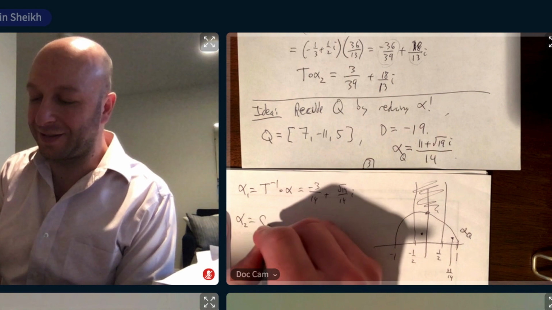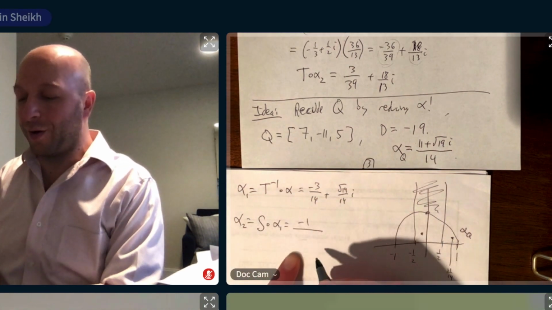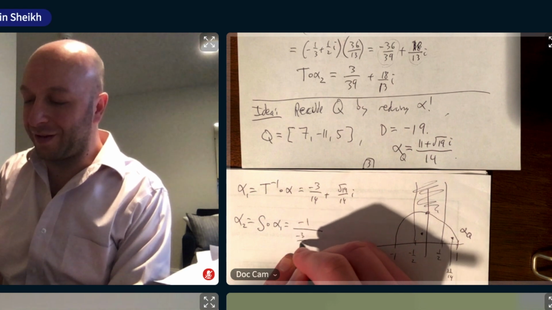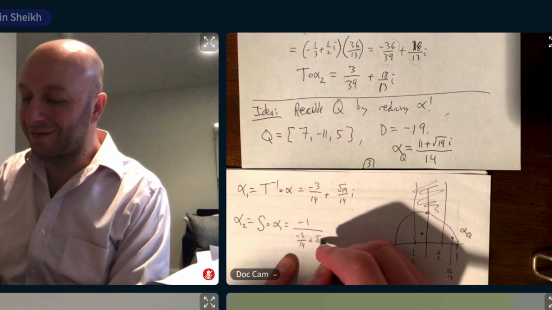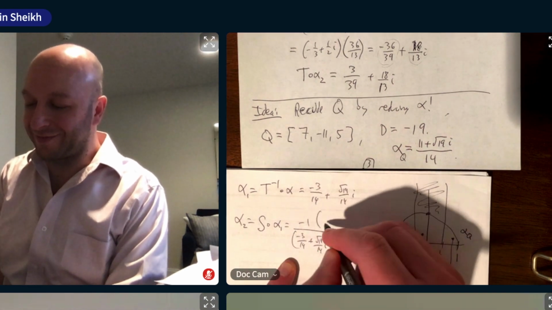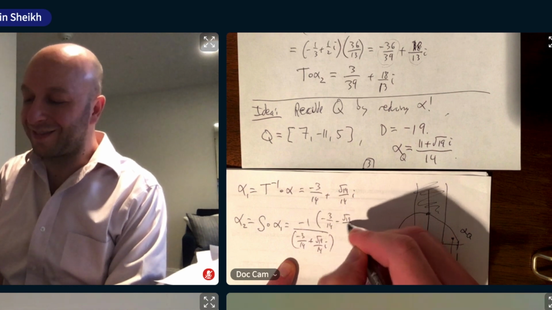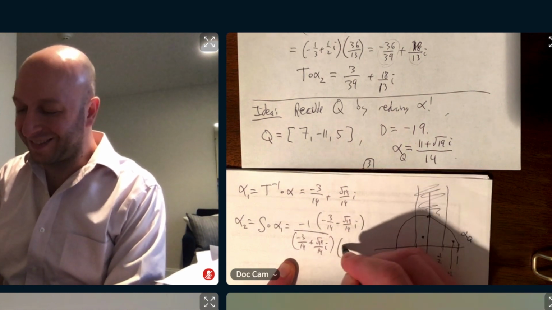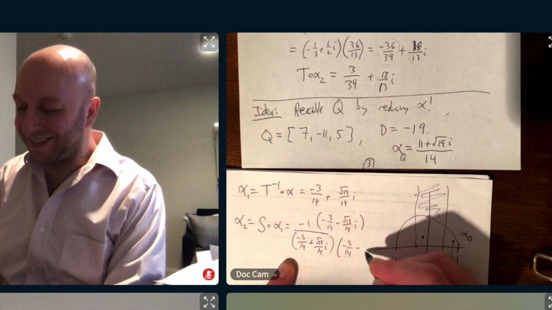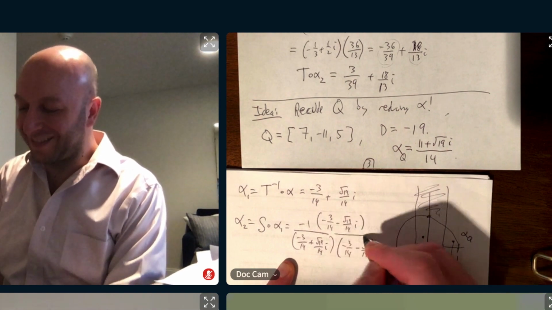Let's call that S. Okay, alpha 1. So that's -1 over -3/14 plus root 19 over 14 i. Multiplied by the conjugate of that, which is -3/14 minus root 19 over 14 i, to the denominator as well.